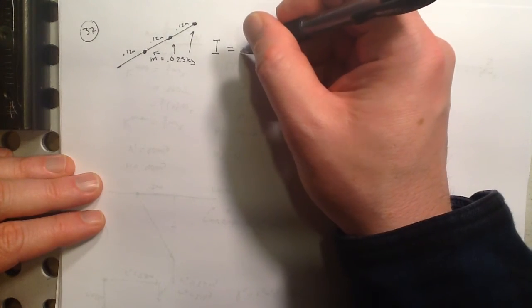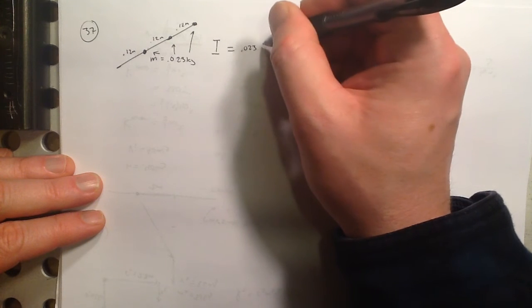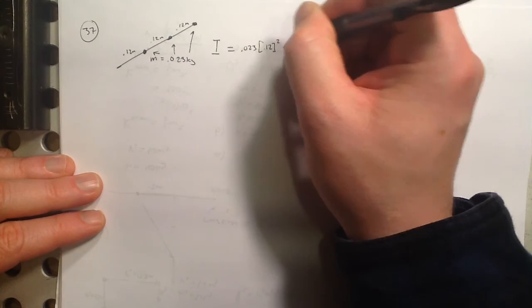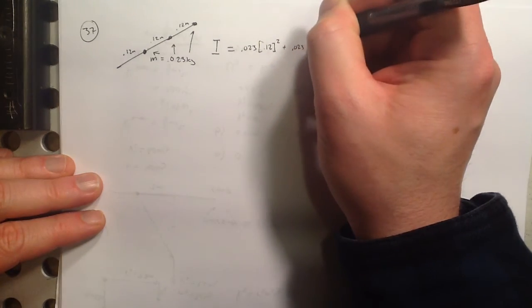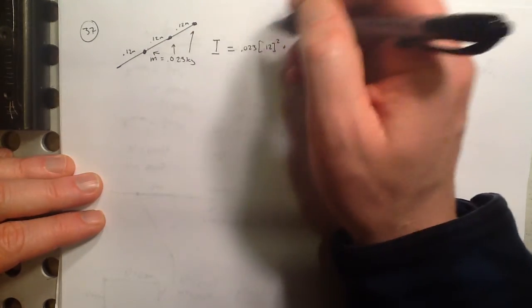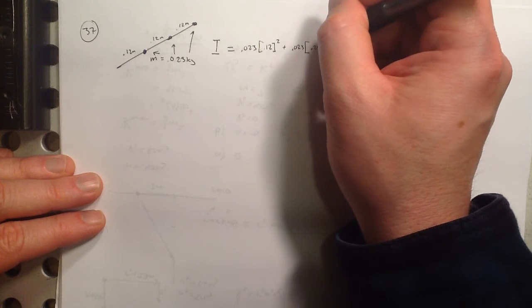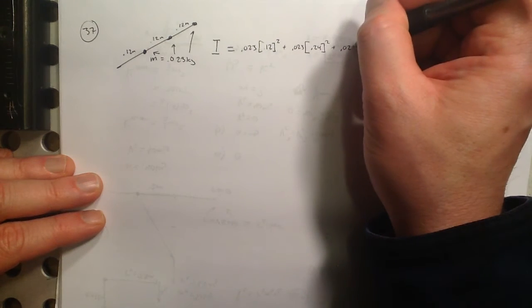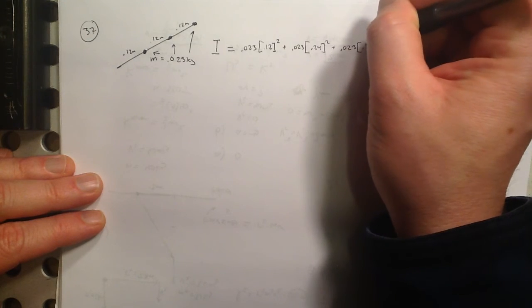So that's m. The r for the first particle is just 0.12, the r for the second particle is 0.24, and for the last particle would be 0.36.